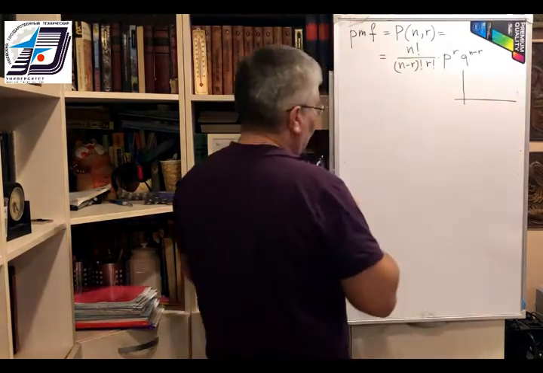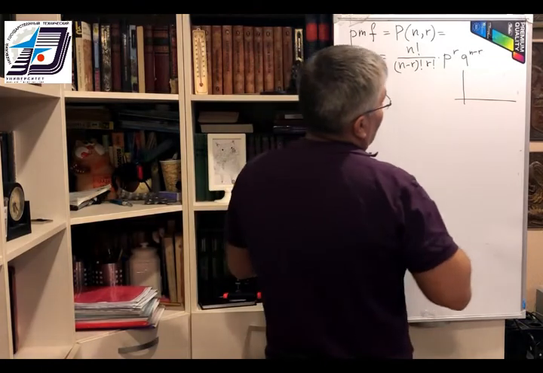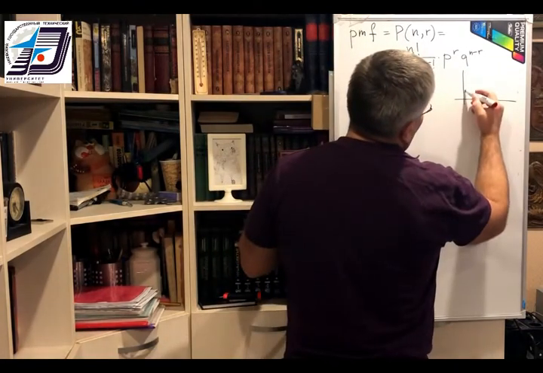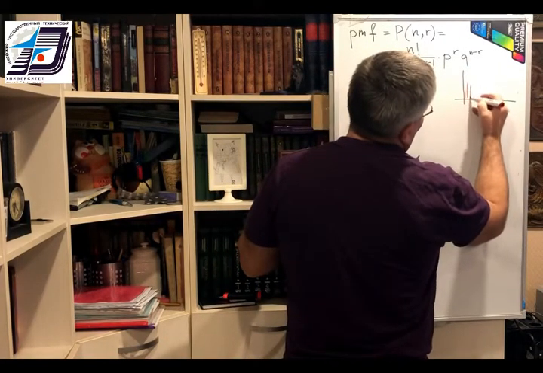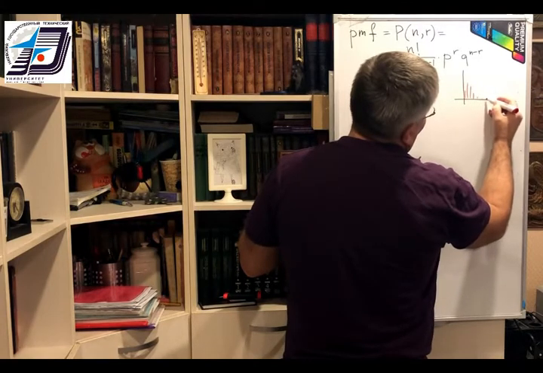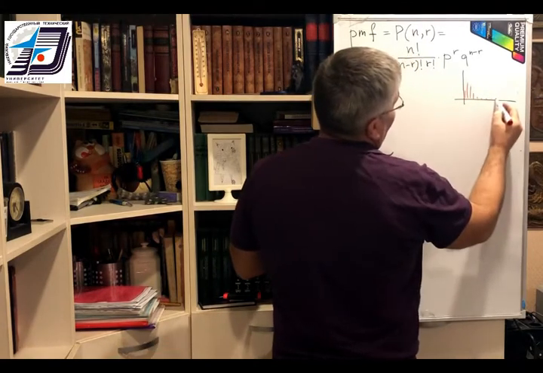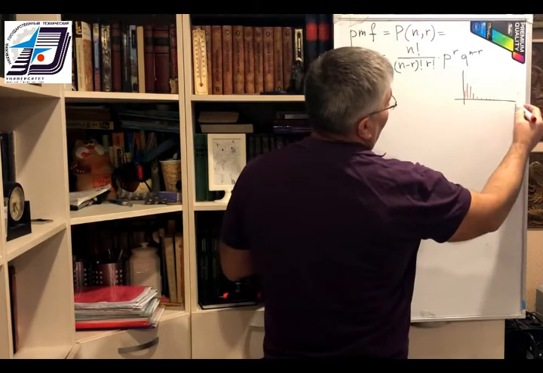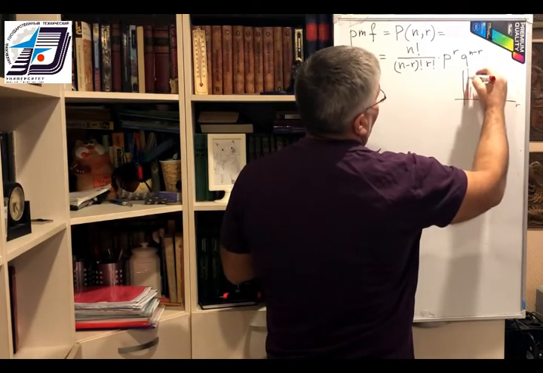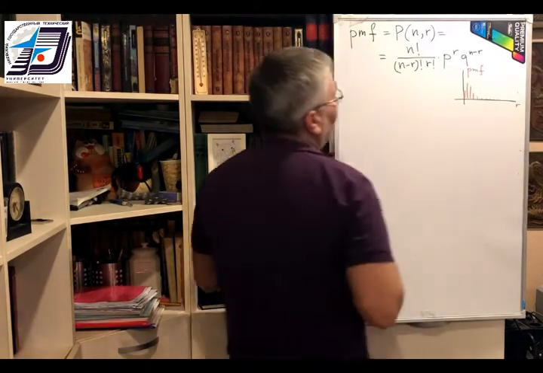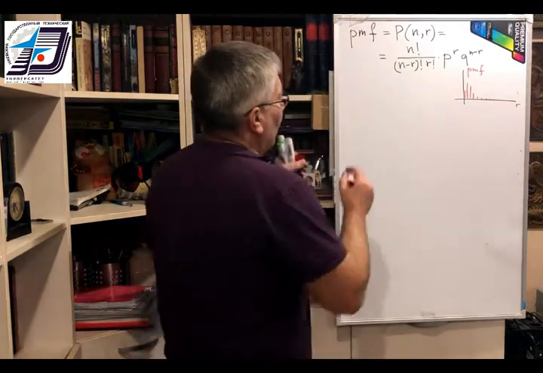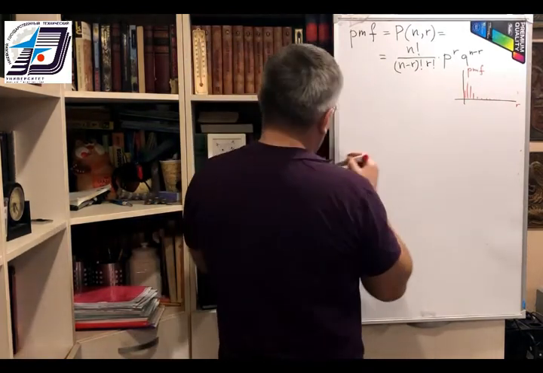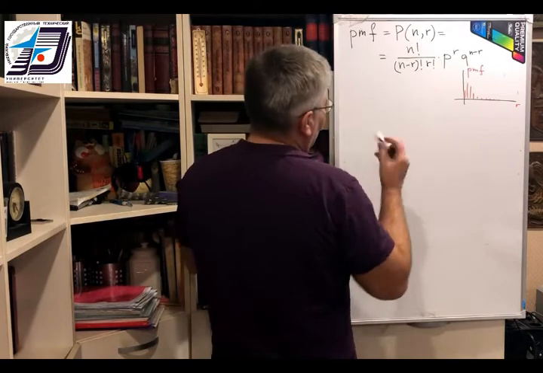I remind you here of the result of this. Here we have R, and here we have the probability mass function. I put here the numbers which we calculated.